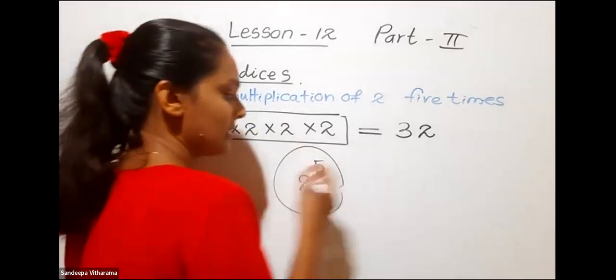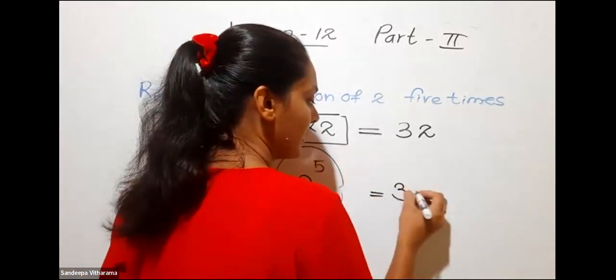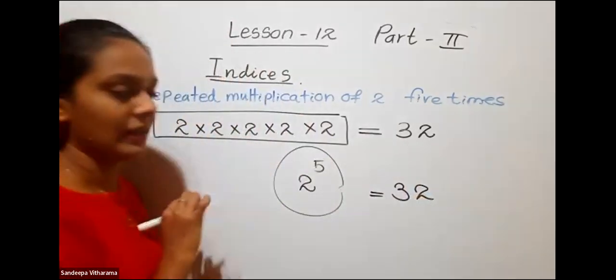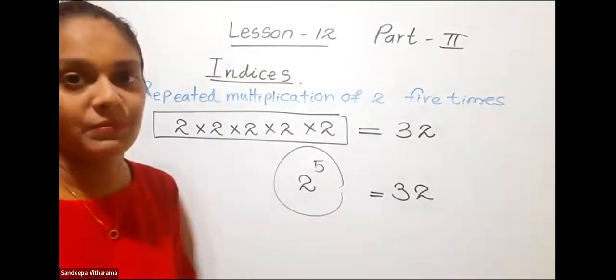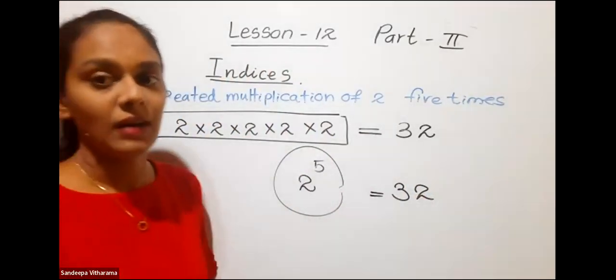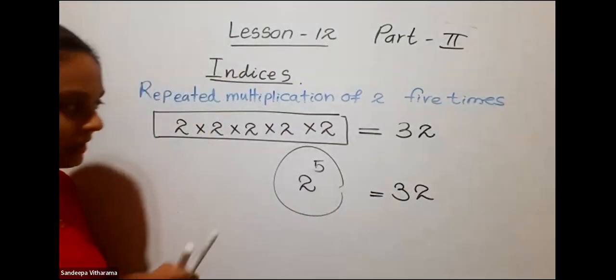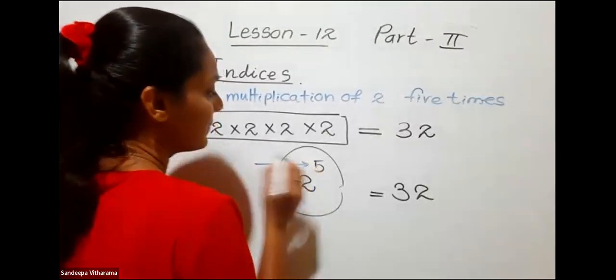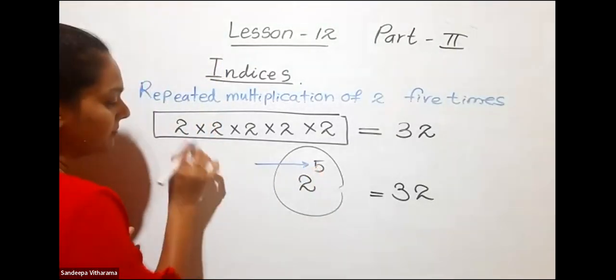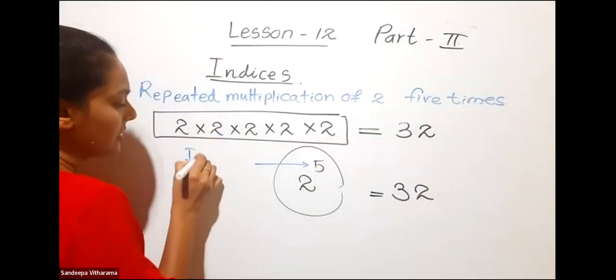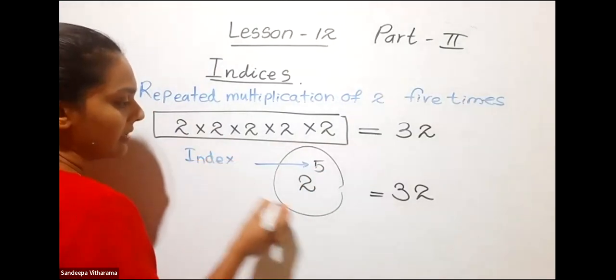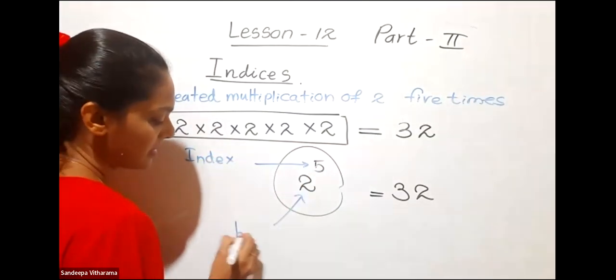Then this is equal to 32. Why? Because it says that when 2 is multiplied repeatedly 5 times, the answer is 32. Okay, so then I can write that here 5 is the index and 2 is the base.